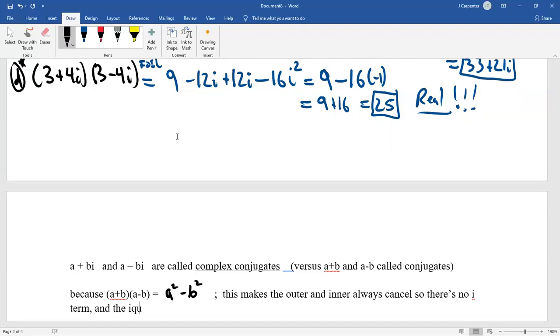And the i squared term, stop uppercasing. I know you think that's proper English. i squared. The i squared term will always become a negative real number.